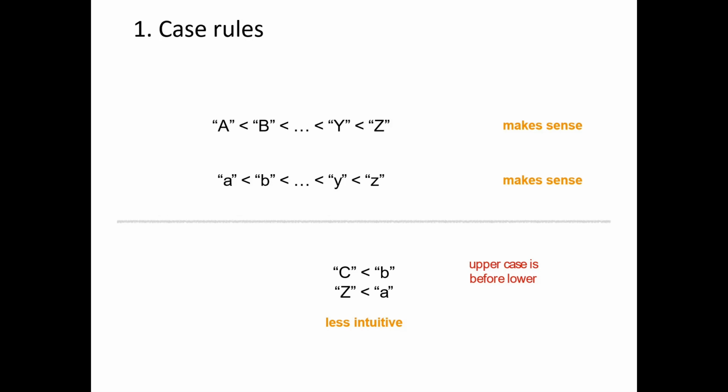Okay, but now if we have a comparison between an uppercase letter and a lowercase letter, like capital C is less than lowercase b, that's true because the uppercase letters are all before the lowercase letters. It's a little less intuitive. It's just somebody made a decision a long time ago that we're going to put the uppercase letters first when we sort anything or do any sort of relational operator with strings or characters in Python.